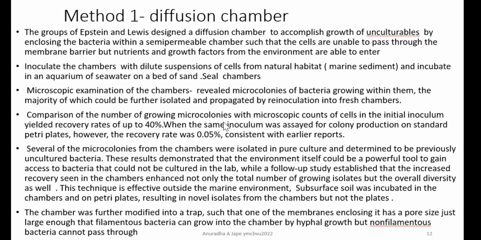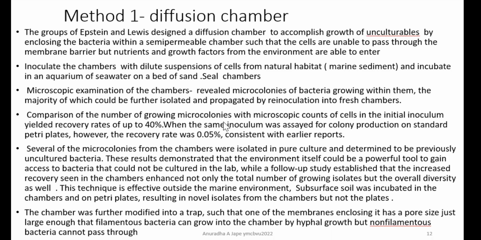Several of the microcolonies from the chambers can be isolated in pure culture and determined to be previously uncultured bacteria. That is what we expect. But as said earlier, the revival rate could be as low as 0.05%. In addition to the diffusion chamber, a modified design referred to as a trap has also been tried.